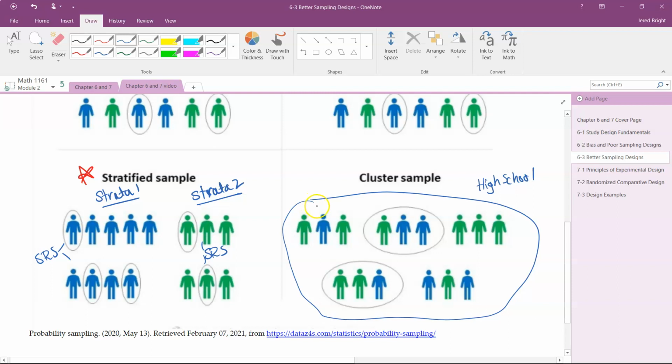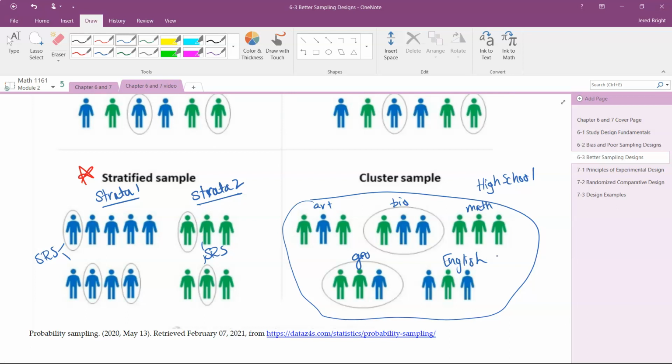So this is maybe art class, this is bio class, this is math class, this is geography, and then this is, oh gosh, what's another one? English. Oh, that needs to be capitalized, isn't it? English or composition, whatever language you want to use. But anyway, you have these different classes, and then you randomly select which classes you're going to ask to participate in your study.